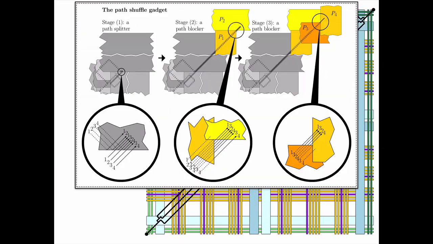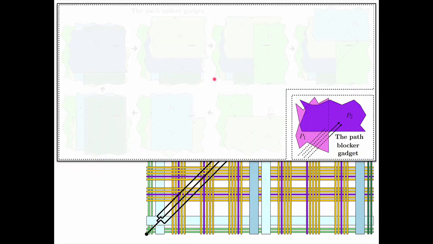Then we have some path shuffle gadgets which shuffle the geometric shortest paths, so here 1, 2, 3, 4 into the order of 1, 3, 2, 4. And finally we have some path blocker gadgets that block some geometric shortest paths passing through this gadget.